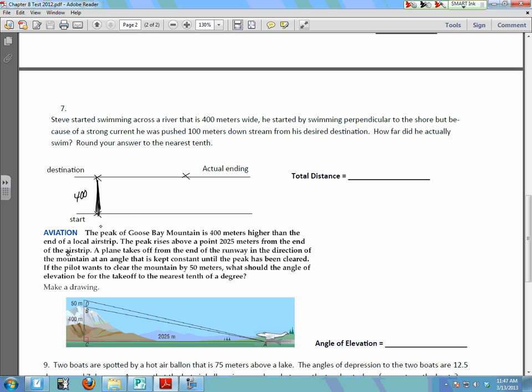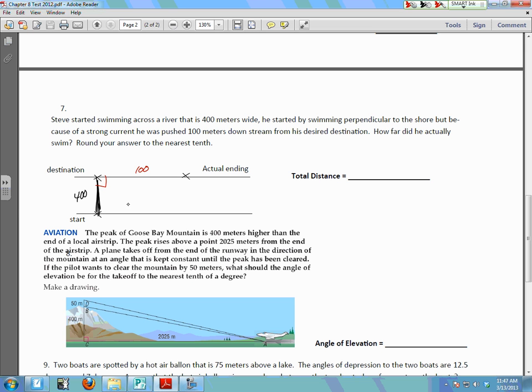He started swimming perpendicular to the shore, so he's trying to go that route, but because of a strong current, he was pushed 100 meters downstream. Downstream is down here where this actual ending is. He's 100 meters off. Now I know that the picture isn't to scale, because this 100 is obviously a lot longer than this 400, but that doesn't matter.